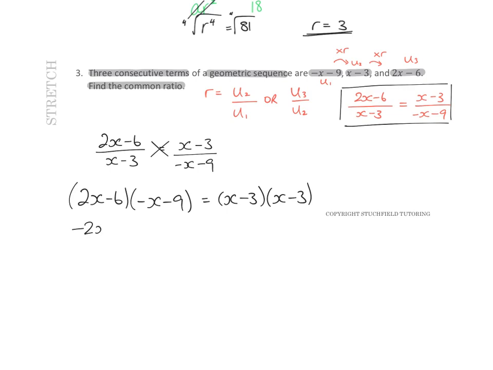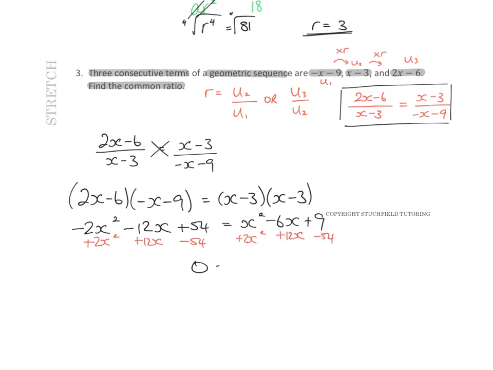So minus 2x squared minus 18x plus 6x, and then I can start to simplify again. So I'm going to add 2x squared here. I'm going to add 12x, and I'm going to minus 54, which leaves me with 0.